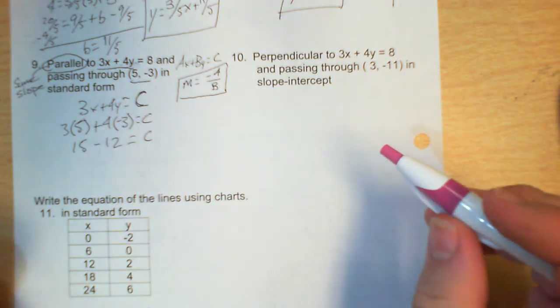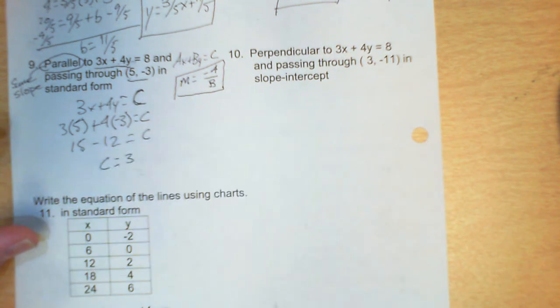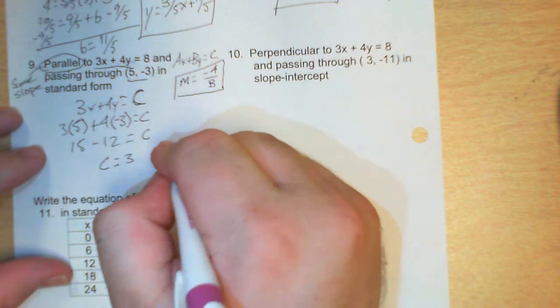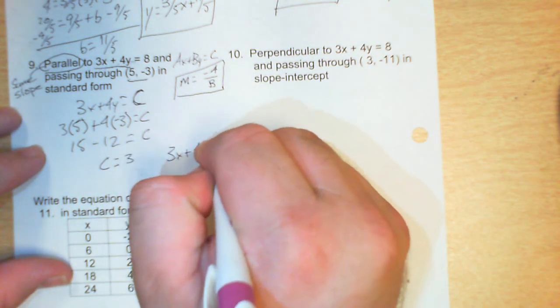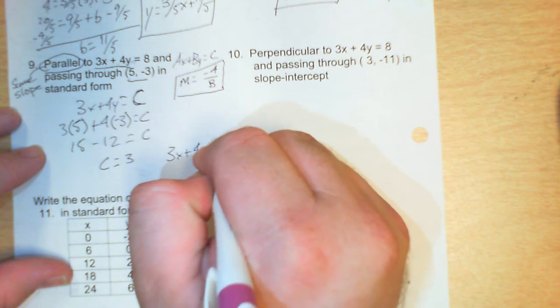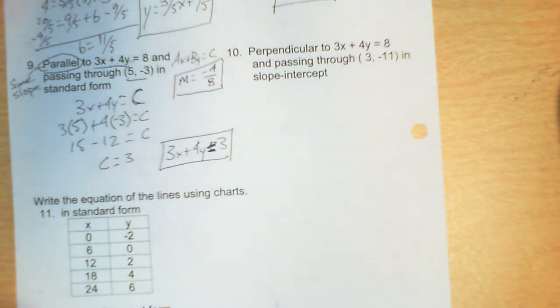Okay? Which then gives me c equals 3. Okay? So my equation is 3x plus 4y equals 3.